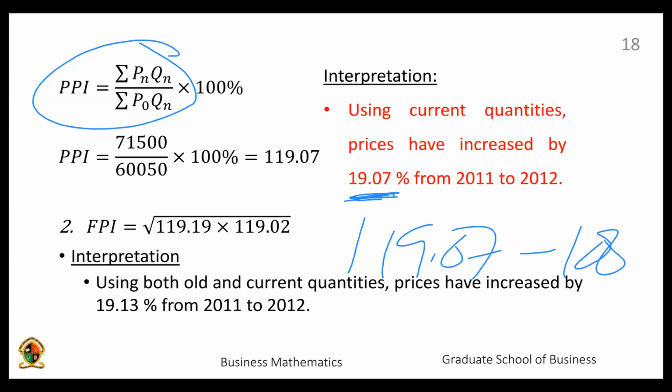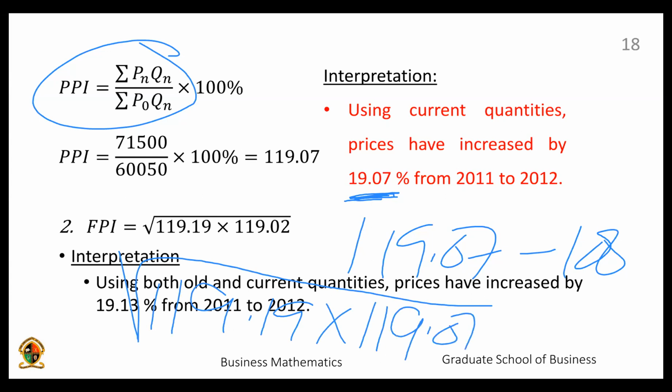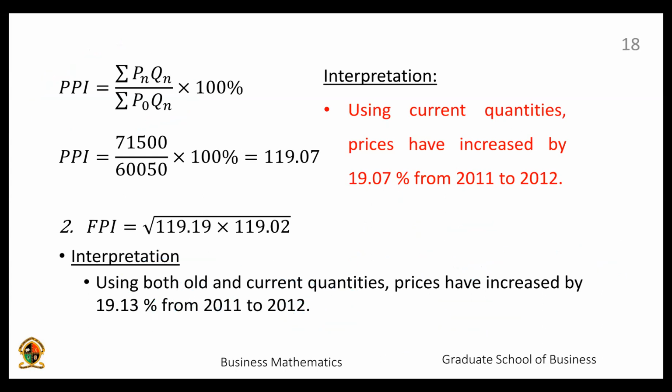Then to find Fisher's price index, you just take the square root of the product of the two indices, 119.19 times 119.07. The square root thereof is the answer for Fisher's index.